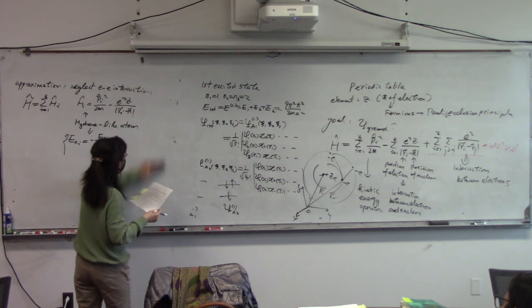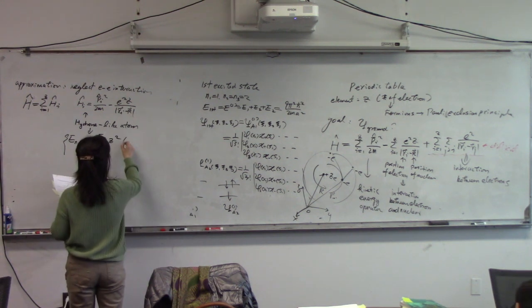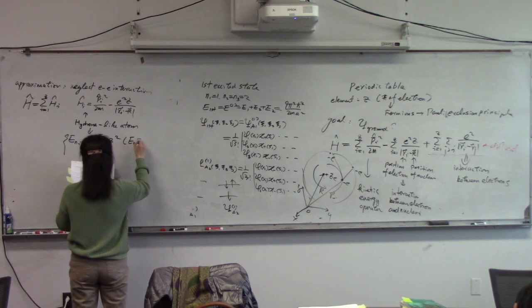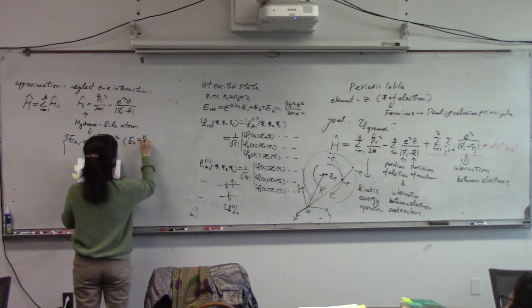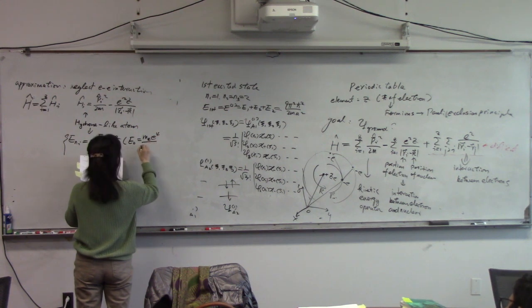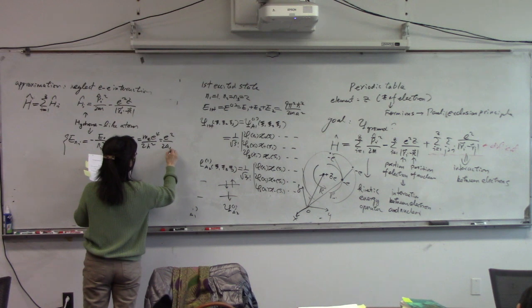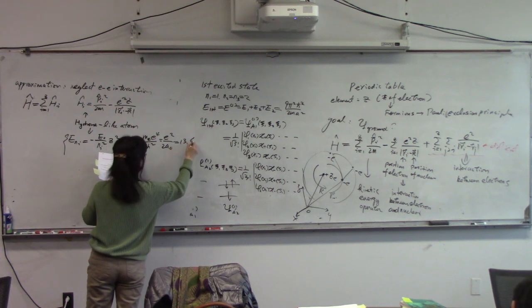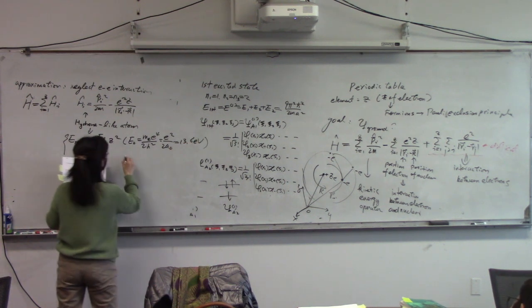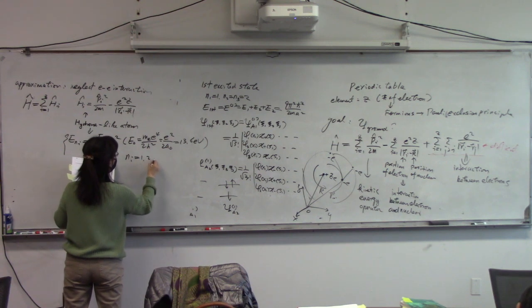Just to remind you, chapter 6 in this class, right? So here E naught is a constant. And n_i goes from 1 to integer.